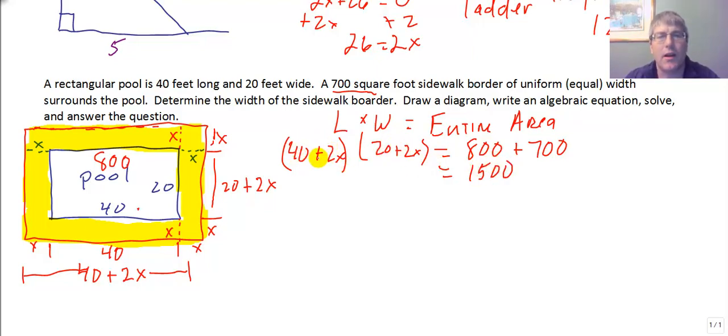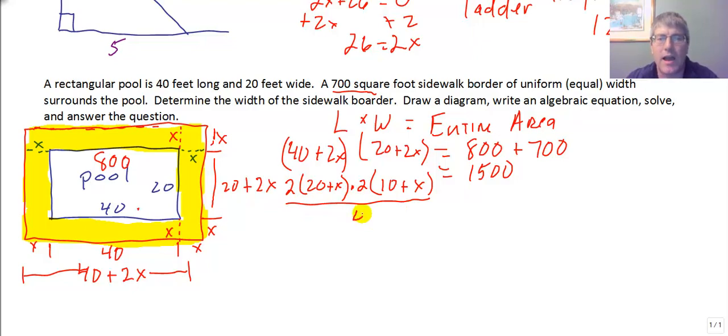Something interesting here, I have a common factor in the 40 plus 2x. I can factor a 2 out of there. That becomes 20 plus x. And I can factor another 2 out of the 20 plus 2x, and that's 10 plus x. And that equals our 1500. So if I factor two 2's out, that's factoring out a 4.